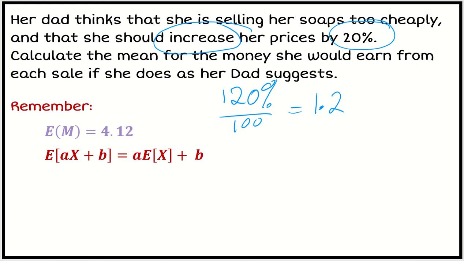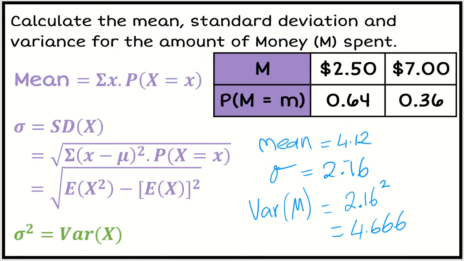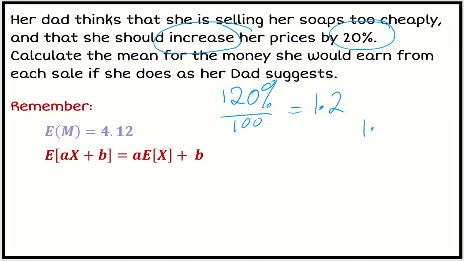So what I want is to multiply each of those numbers by 1.2. In a sense, that would be what I would want to do to work it out. So my equation is going to be 1.2m. So 1.2 times the amount of money, and that's my 20% increase in price. Now using that expression, let's work it out using the formula. I want the expected value of 1.2m. I don't have any b in this particular case.